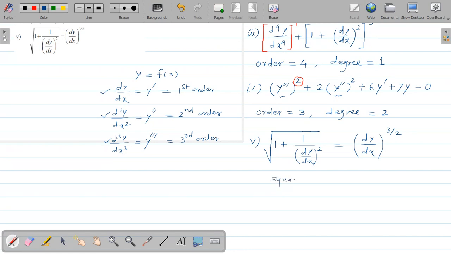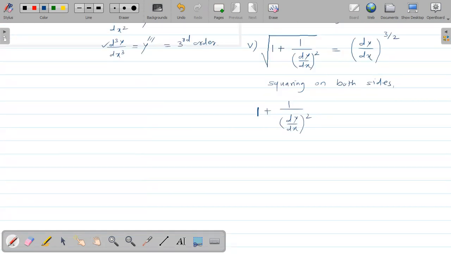So squaring both sides, first of all we will take a square on both sides. Then what happens? From the left hand side, the square root will get cancelled and you will get the equation 1 plus 1 upon dy by dx bracket square is equal to, from here after squaring to the right hand side, it will be dy by dx bracket cube. 1 by 2 index will get cancelled, so you will get this.